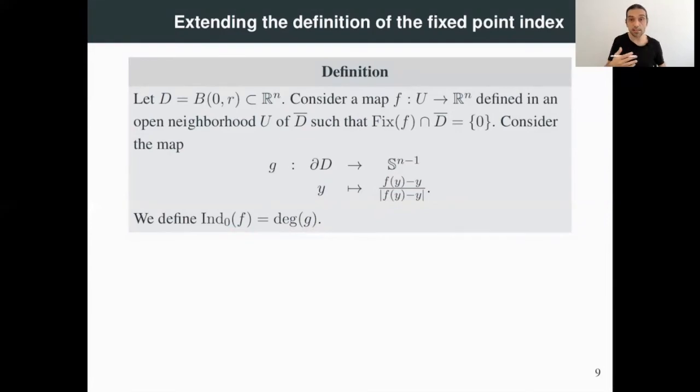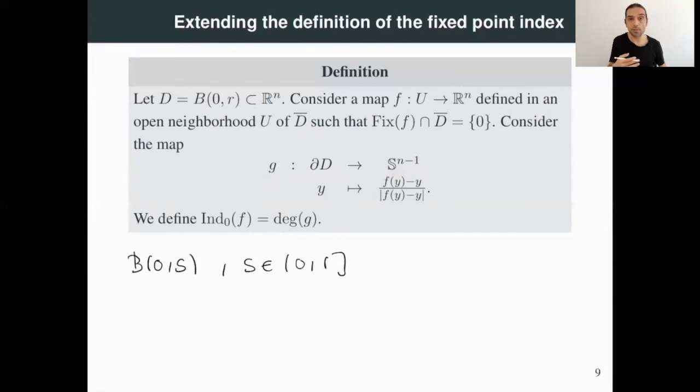The definition does not depend on the choice of the particular ball. If we consider a ball of center 0 and radius s, where s belongs to the interval (0, r], we can consider for every s the map g defined in the boundary of the ball of center 0 and radius s to the sphere of dimension n-1.